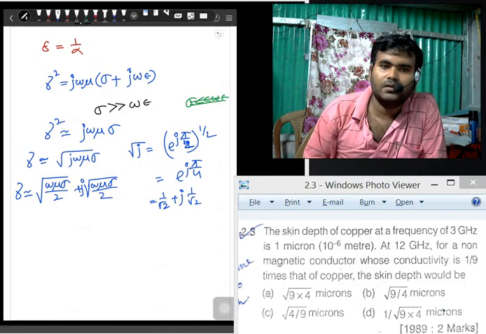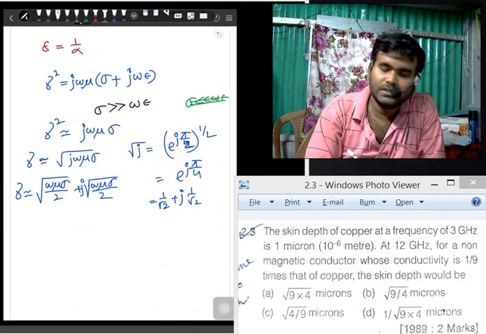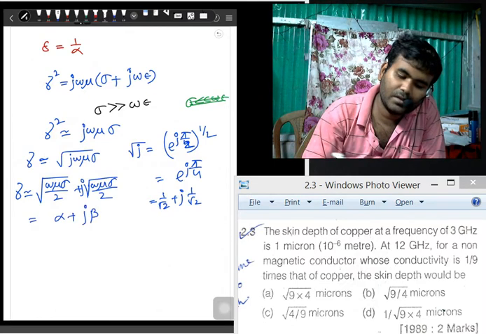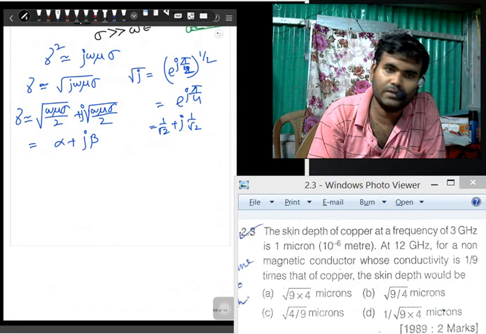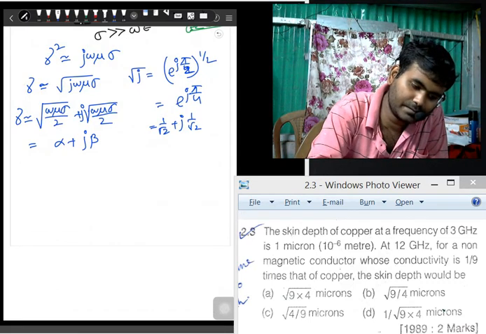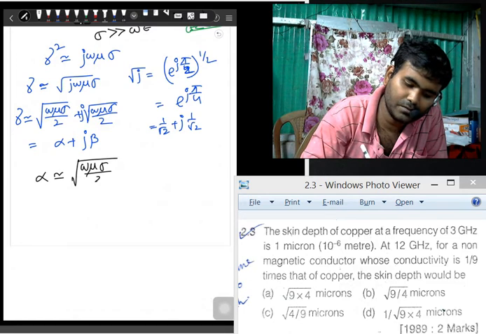Now this gamma is basically the propagation constant, which equals alpha plus j beta, where alpha is the attenuation constant and beta is the phase constant. So you can write alpha as approximately equal to under root of omega mu sigma by 2, and you can write it as 2 pi f mu sigma by 2.